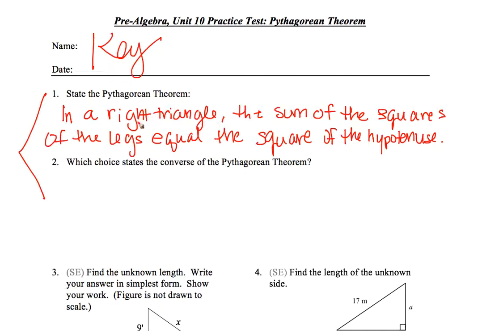So in a right triangle, some of the important key words: right triangle, sum of the squares of the legs equal square of the hypotenuse.